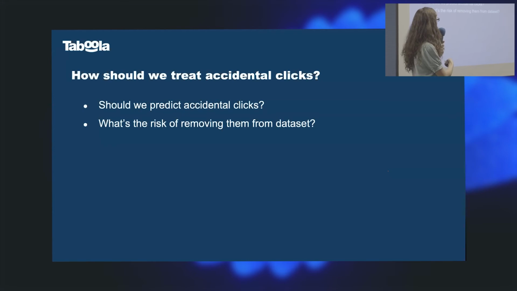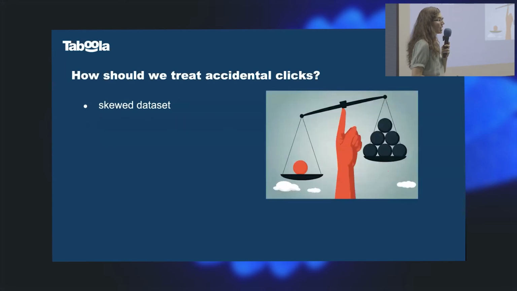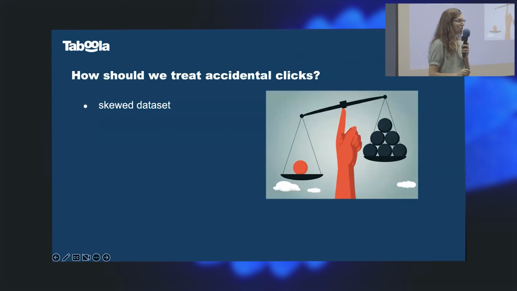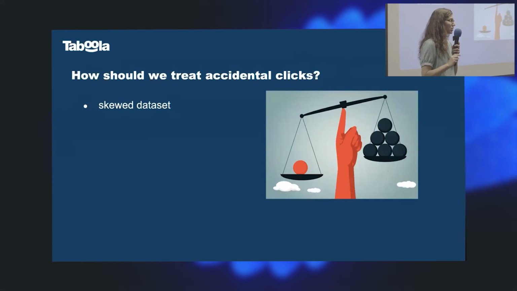But the biggest problem is that we have this data only for part of our advertisers. The definition of a click as accidental relies on post-click information, and some of our advertisers share this data with us and some don't.